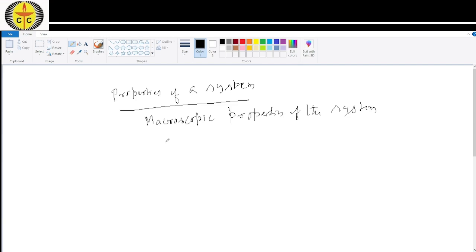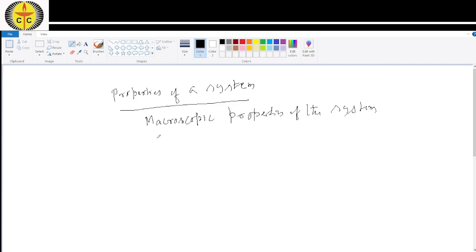Suppose pressure of the system means pressure everywhere. Volume of the system, volume everywhere. And temperature everywhere of this system. This is not confined to the microscopic level. It is macroscopic properties.